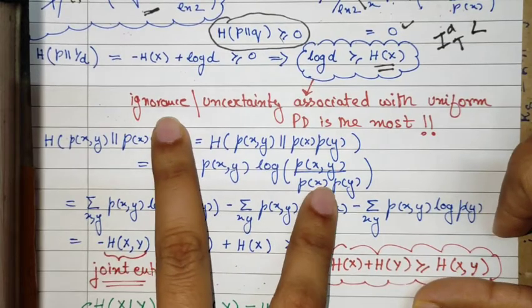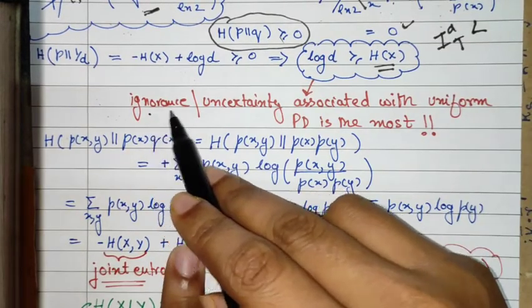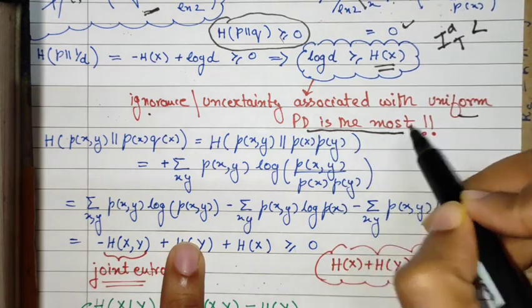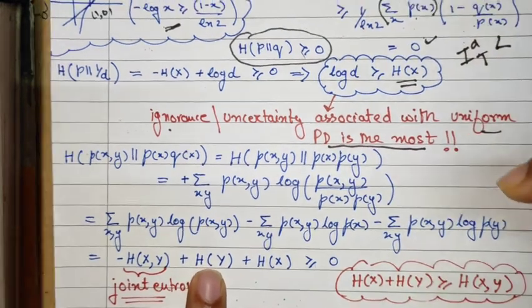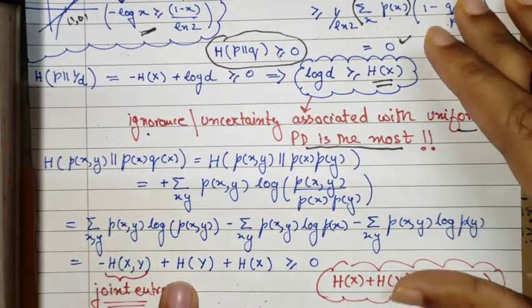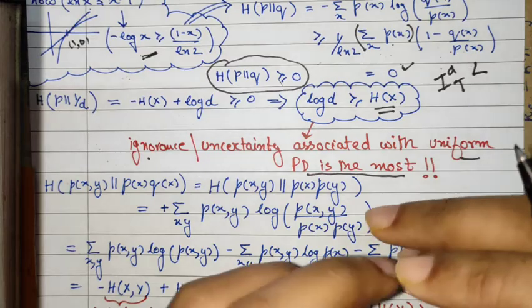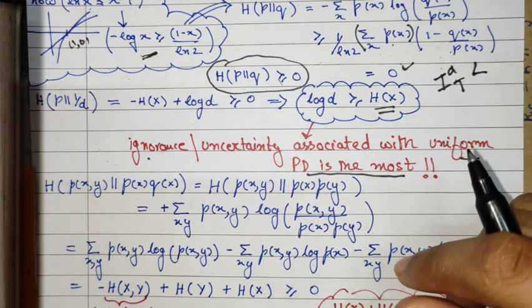It captures the fact that the ignorance or the uncertainty associated with the uniform probability distribution is the most. Obviously, if your probabilities are not biased, you cannot gain much about the system.